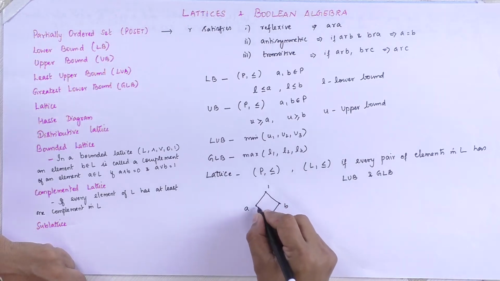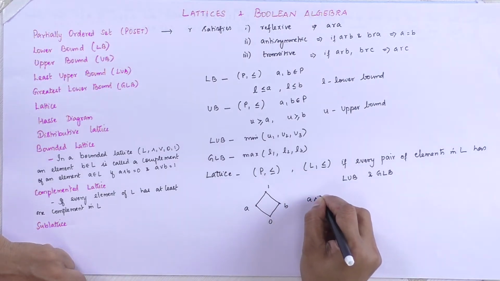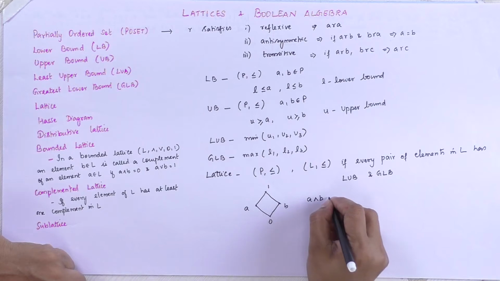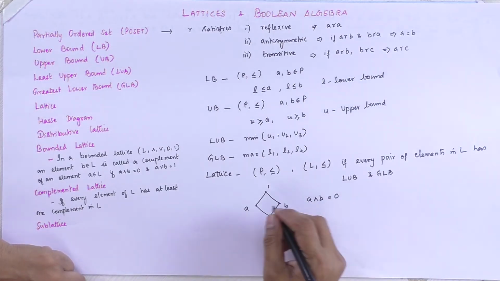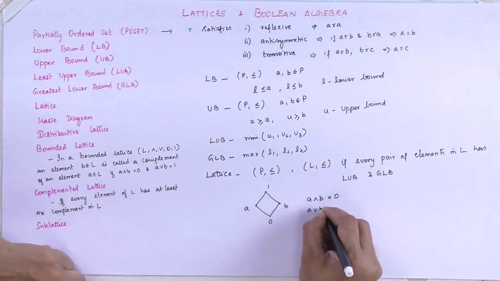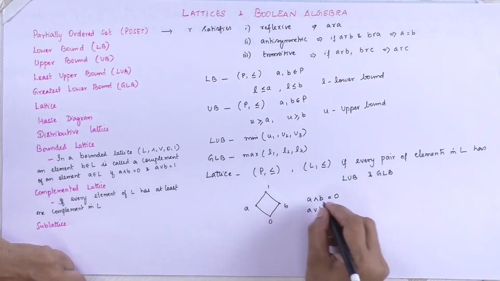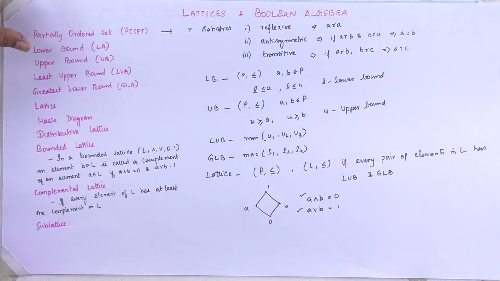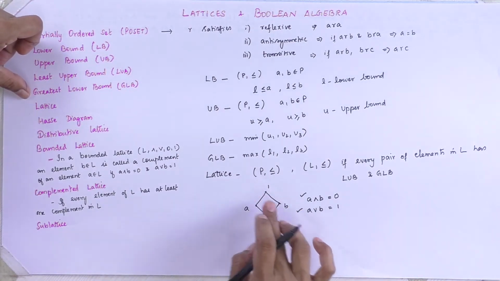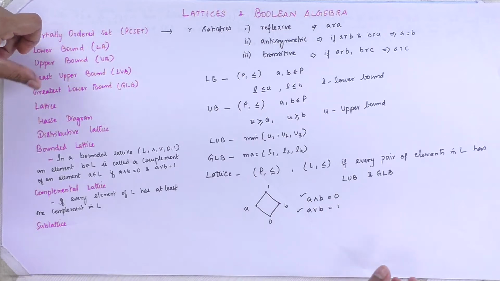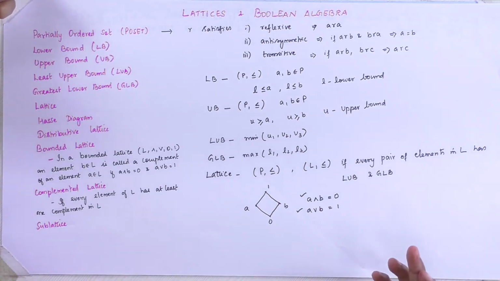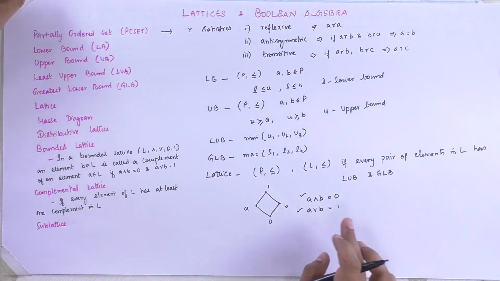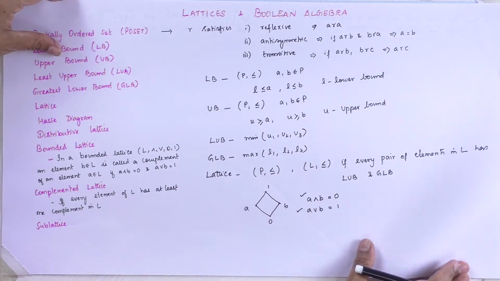Let me check what is the GLB of A and B. So the GLB of A and B is 0. And what is the LUB of A and B? That is the least upper bound, so that is equal to 1. So it satisfies the condition, and therefore I call it a lattice. Understood? So a lattice is nothing else but each and every pair of elements in that particular set having a least upper bound and a greatest lower bound, then it is said to be a lattice.